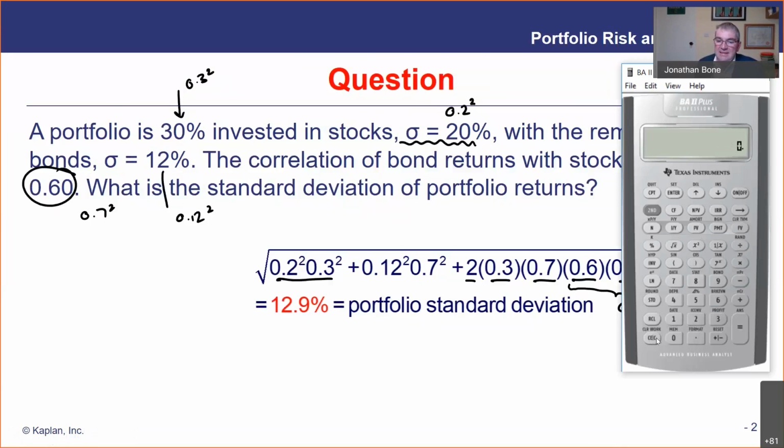Then I just need to do twice the weighting of the first asset times the weighting of the second, times their covariance, and their covariance is 0.6 times 0.2 times 0.12, and press equals, and there you go. There's the third term. So I'm going to store that on button 3.